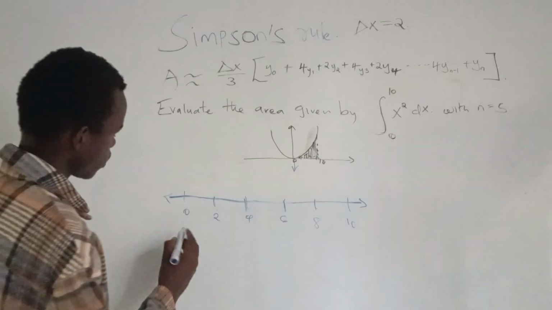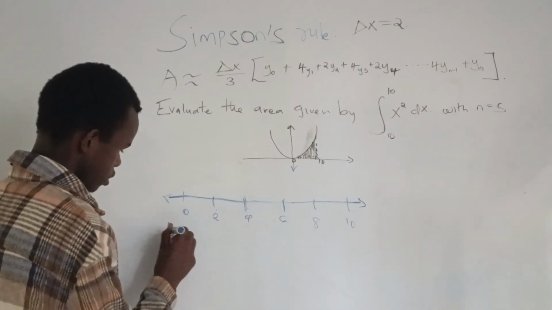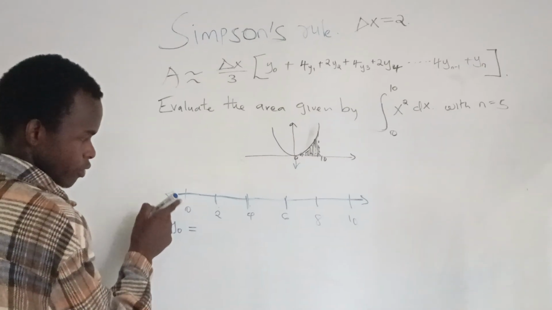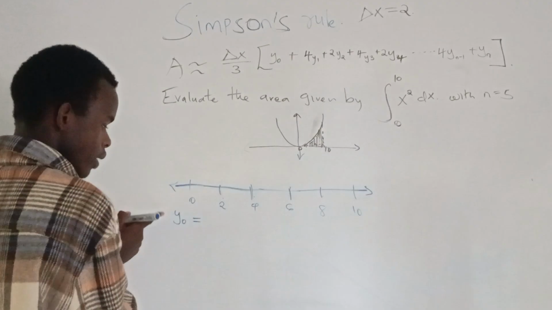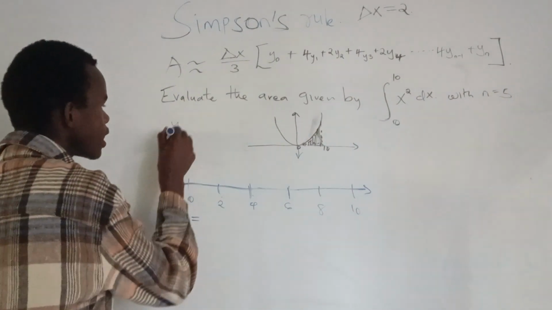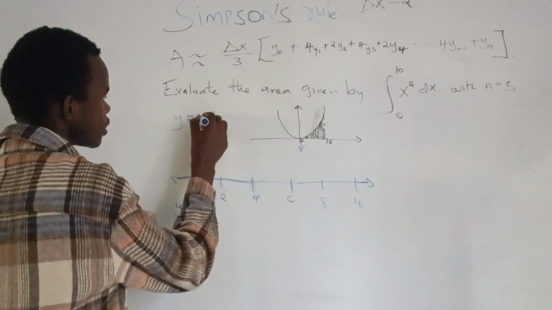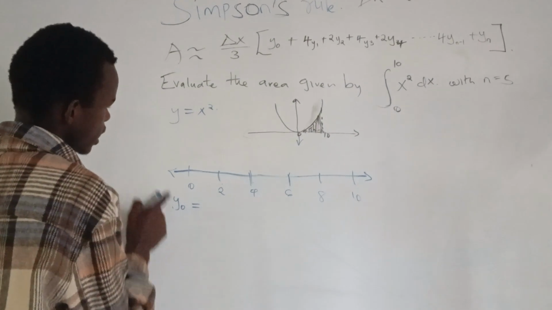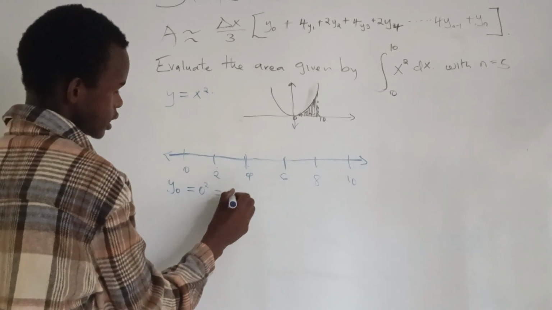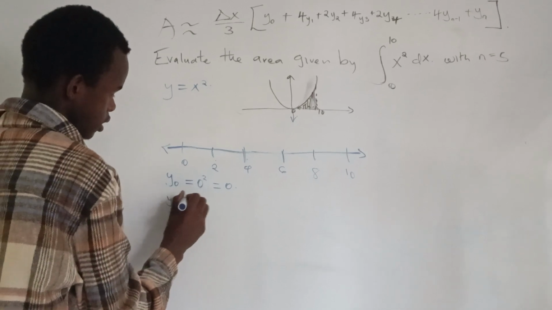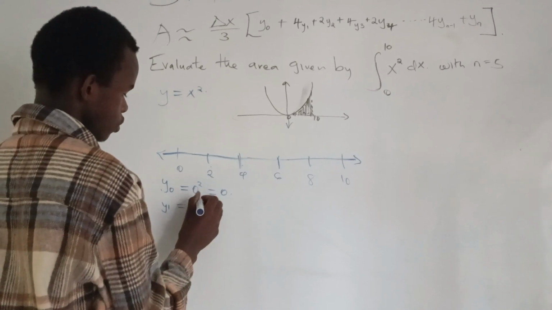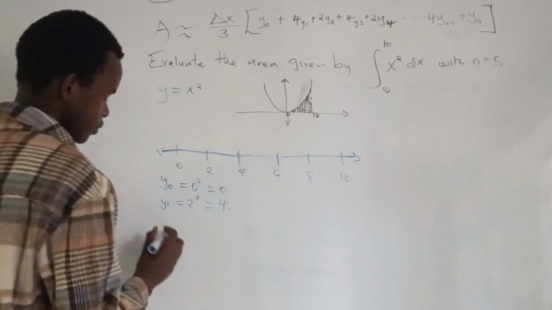So let's compute our values of y. Our y0 is where x equals 0. The function is y equals x squared. So our y0 is 0 squared, which is just 0. Our y1 is where the value of x is 2, so it will be 2 squared equals 4.